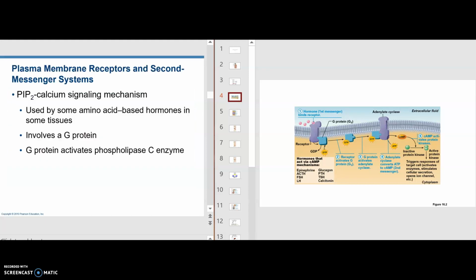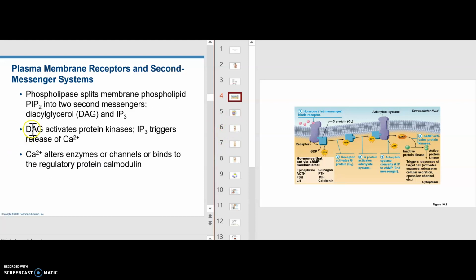So now I'm going to another secondary messenger. Remember, cyclic AMP was just one. This other secondary messenger is called PIP, phosphoinositol phosphate. It's a calcium signaling mechanism used by some amino acid-based hormones. Again, it involves a surface receptor and G protein, and this one activates a phospholipase C enzyme. So this is a different one. Okay, just naming some.